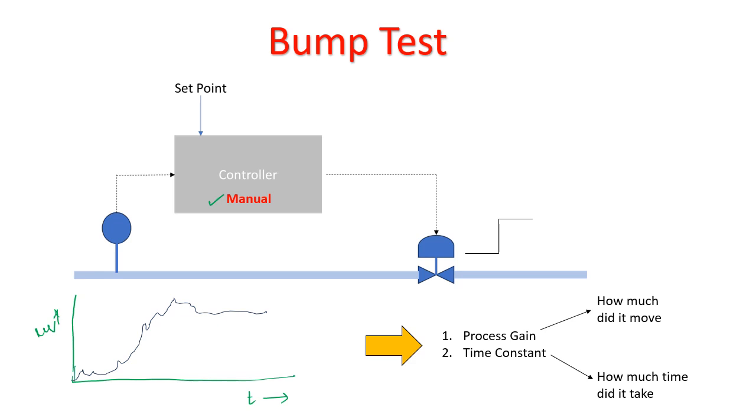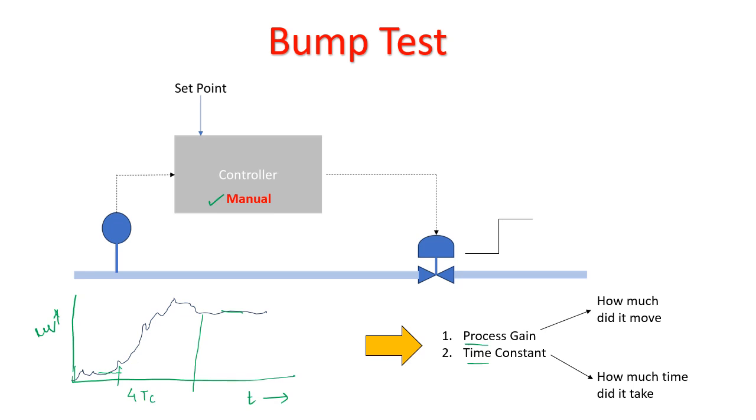And from this plot, we will know two things. One is process gain and another is time constant. So if you see that this is a settling stage and this is again a settling stage, so time between these two is basically 4 times your process time constant.